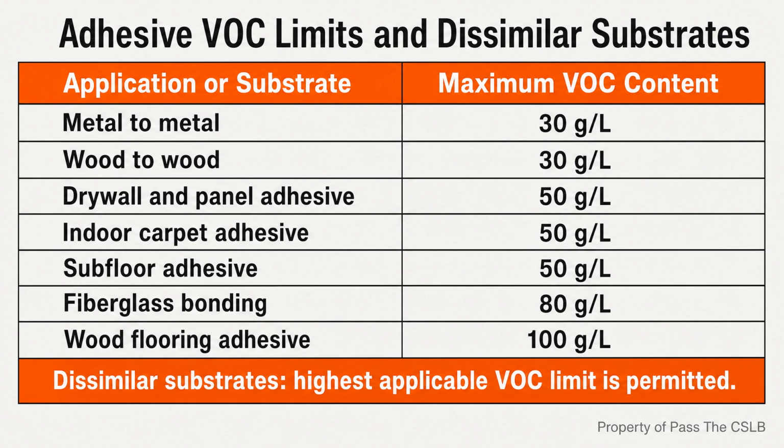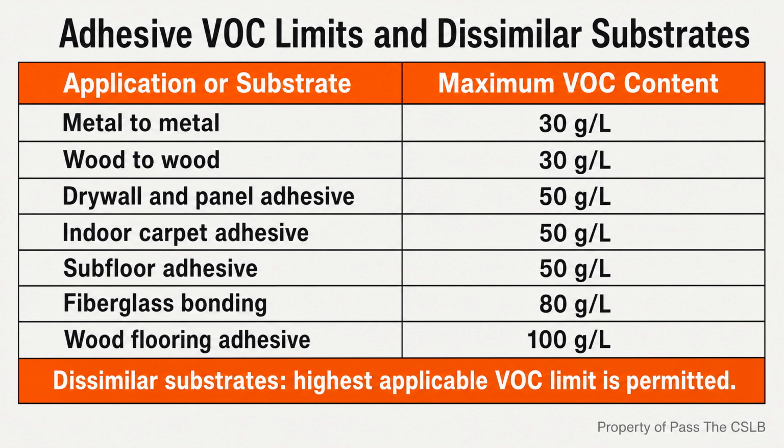For that dissimilar substrate comparison, the higher applicable limit is 80. My memory phrase is, highest limit wins the tie. Keep the boundary attached to it. The phrase applies when one adhesive bonds dissimilar substrates under this rule. It does not automatically approve product performance, ignore manufacturer instructions, override approved plans, or erase a more specific applicable requirement.